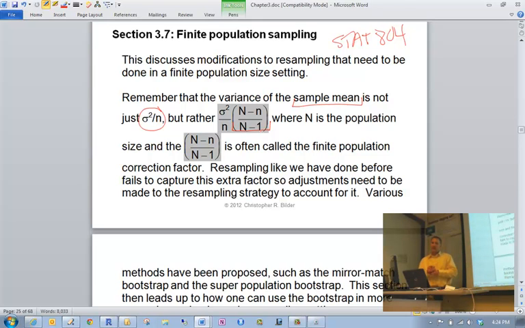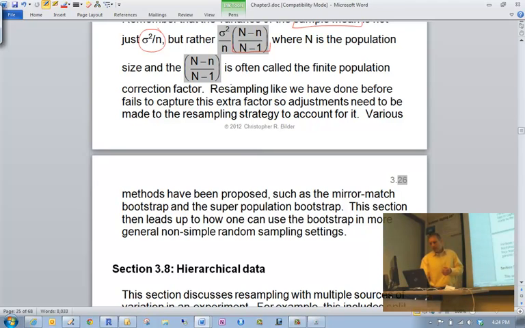That is actually the variance of the sample mean. So resampling, like how we normally have done, unfortunately doesn't allow you to take into account this extra factor. So some kind of adjustments need to be made.